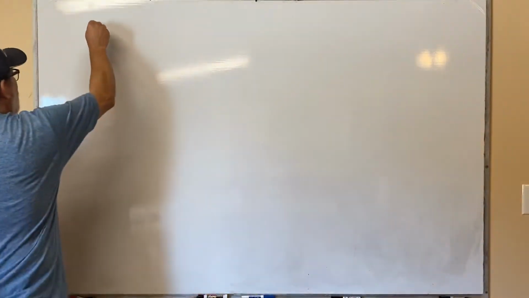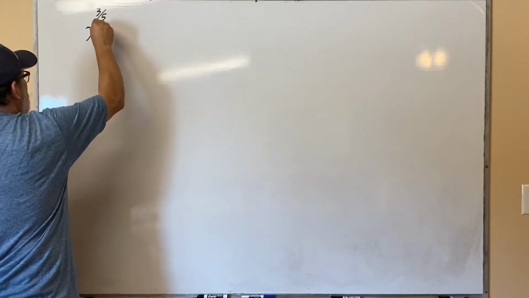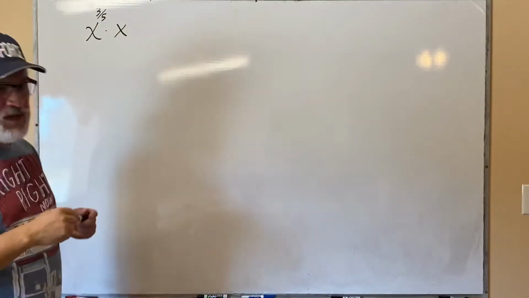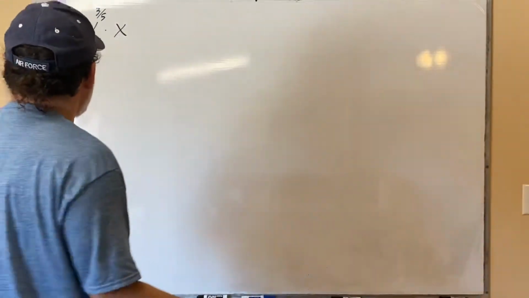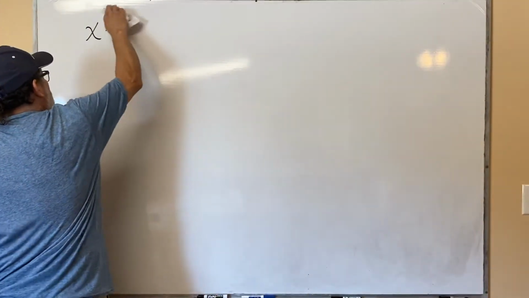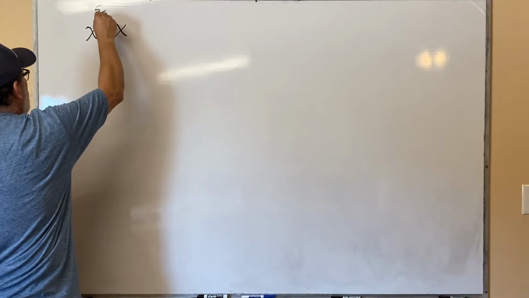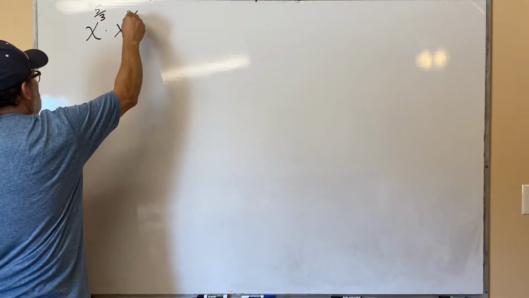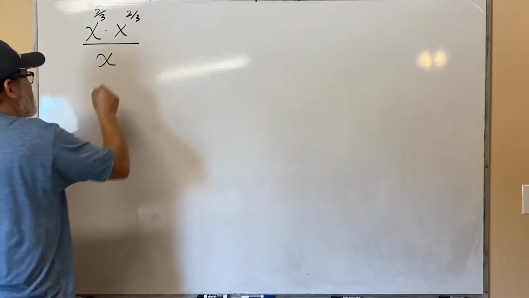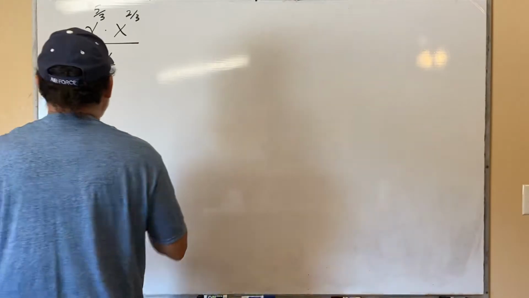Consider x to the 3/5 times x to the 2/3. Actually, 5/3. Okay, let's change that to 5/3. I did it backwards. x to the 5/3 times x to the 2/3 divided by x to the 1/3.